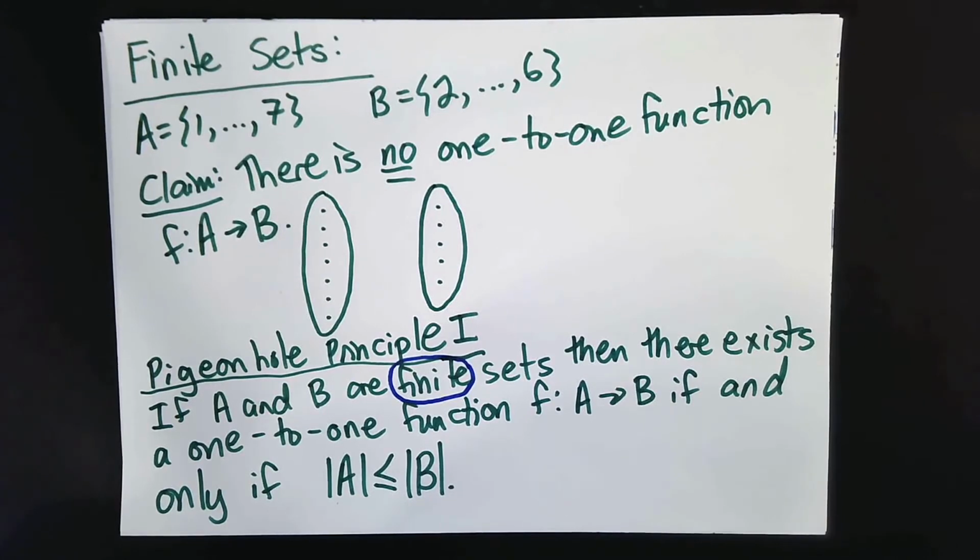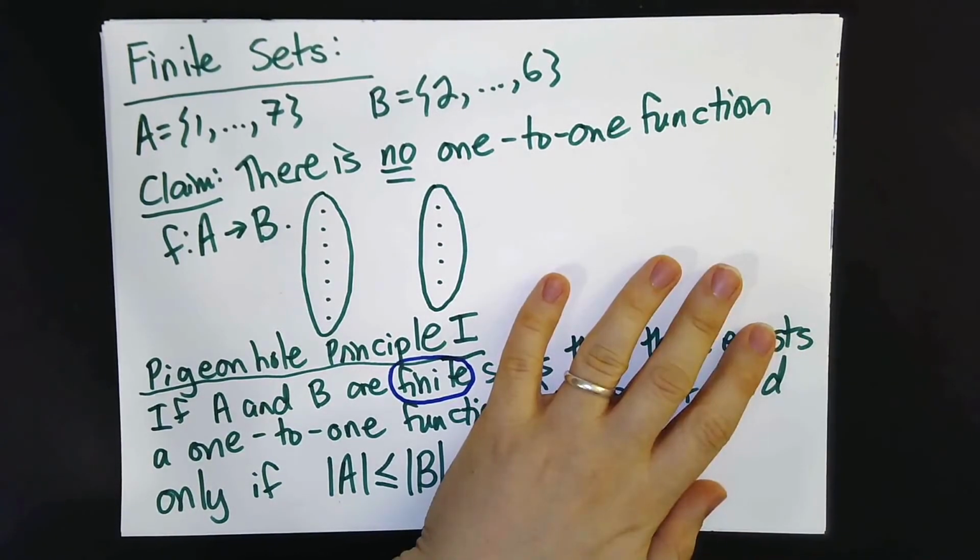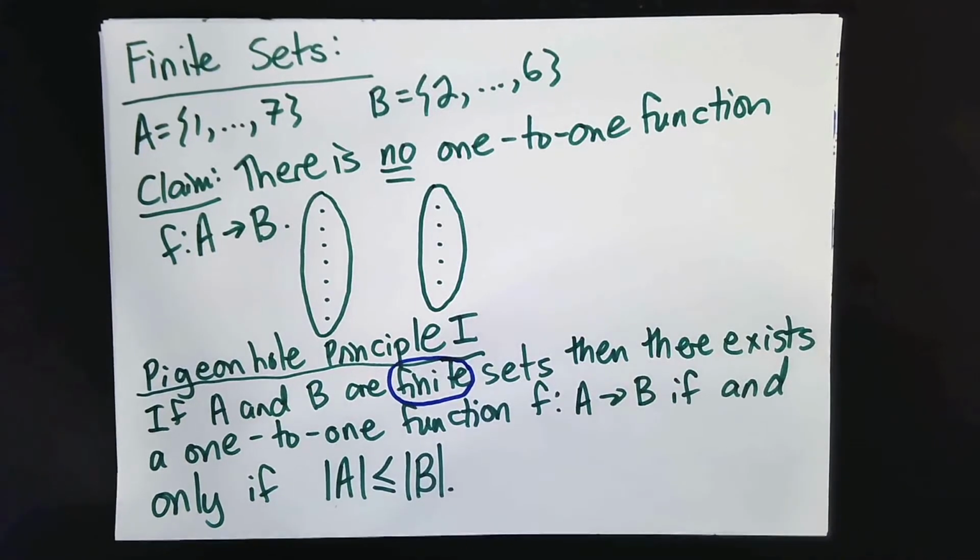Now, a little tiny preview. When we go to talk about the cardinalities of infinite sets next week, we're going to take inspiration from this pigeonhole principle and the other ones to try and understand what our definition should be about talking about infinite sets. But please just remember, you can never apply the pigeonhole principle to an infinite set.